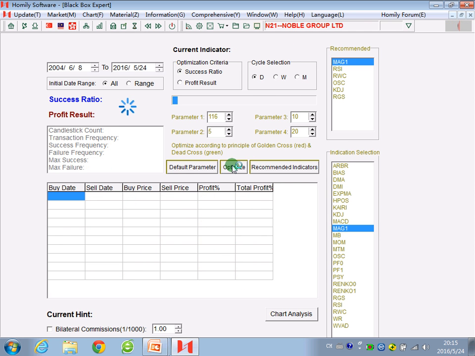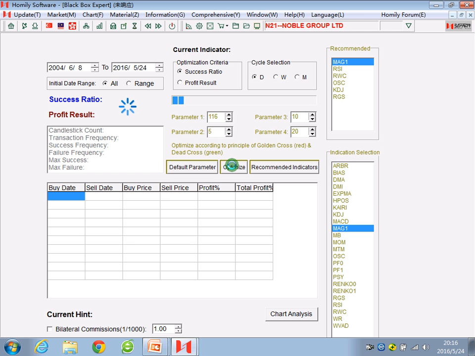Then we can click optimize. Then we want to know which parameter is more suitable for the stock, for Novel. Okay. So you can practice when you go back. Then if you want to check your individual stock, maybe you can use this one to judge the support and resistance. I think it's better for the other similar stocks.